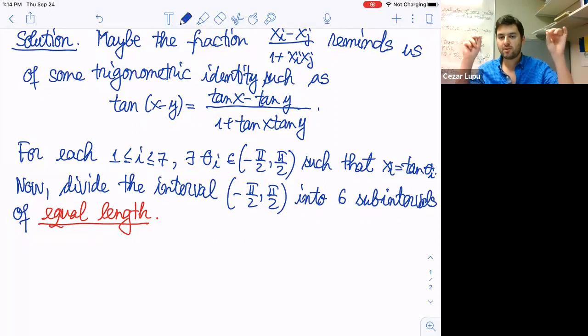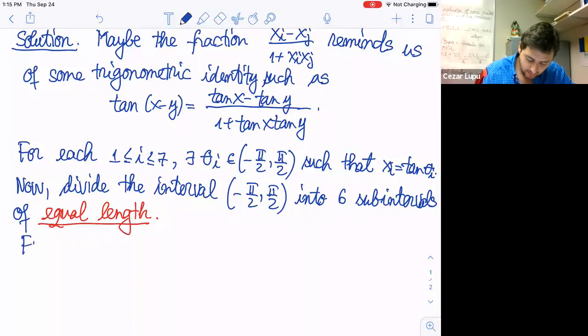How far are they distanced from their endpoints? If you pick one of those subintervals, what will be the length? Let me give you a hint.